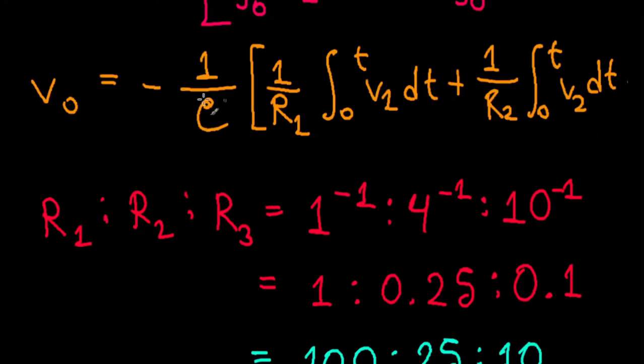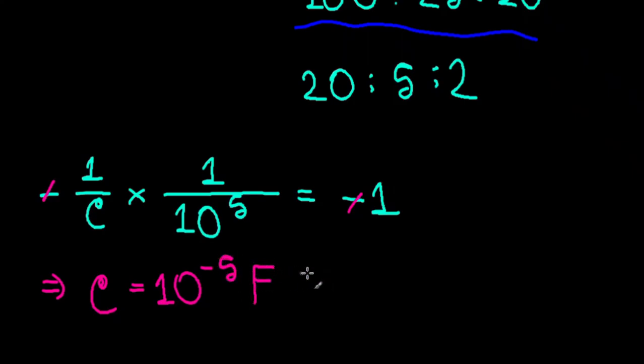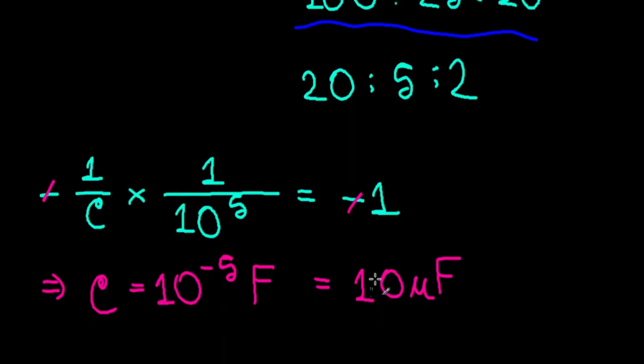The coefficient here is -1, so the negative signs cancel out. If I invert both sides and multiply by C, that should solve it. C is equal to 10 to the -5 farads, but I can write this as 10 microfarads. So our capacitance is 10 microfarads.